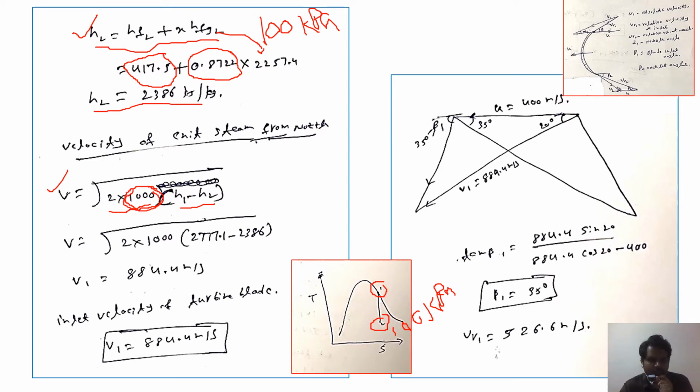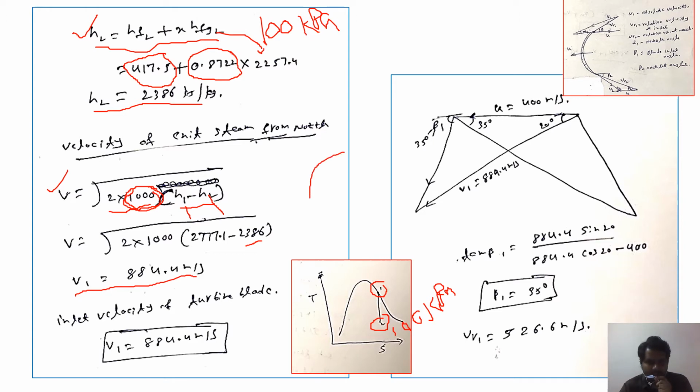The 1000 should be there because it should be in kilowatts. Now V equals square root of 2 into 1000 into H1 minus H2, which we already calculated: 2771.1 minus 2386. So the V1 value is 884.4 meter per second. This value is the inlet velocity of the steam.